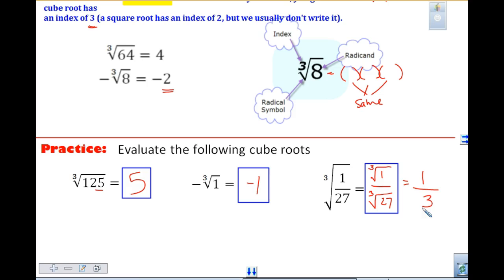So sometimes people think, oh, do I divide 27 by 3? And that's not what you're doing. This is not 27 divided by 3. It's saying what multiplies 3 times to get 27. Okay?